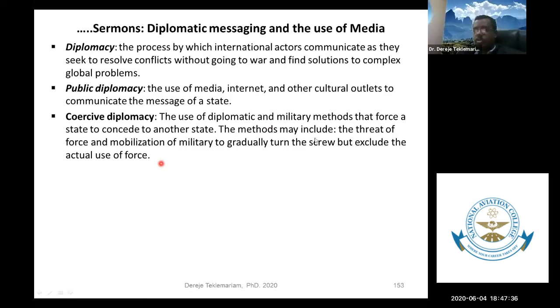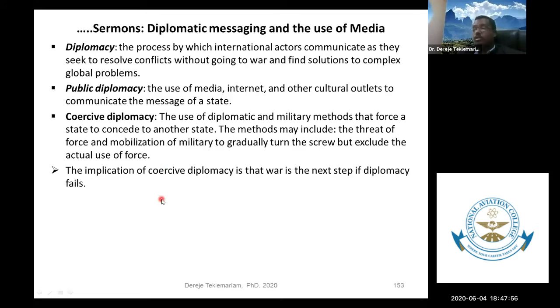These methods may include the threat of force and mobilization of the military around the area. Gradually this may turn the screw, but there is no actual use of force. This is what we call coercive diplomacy. So the implication of coercive diplomacy is that war is the next step if diplomacy fails.